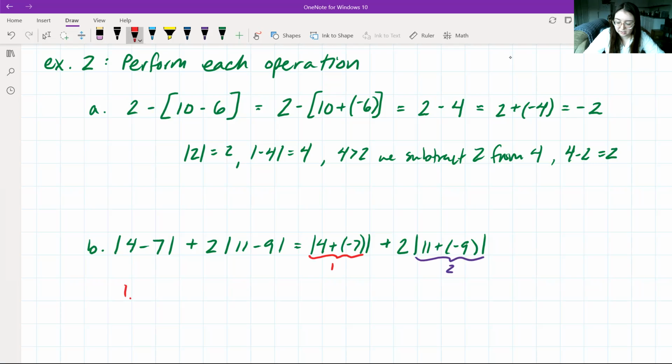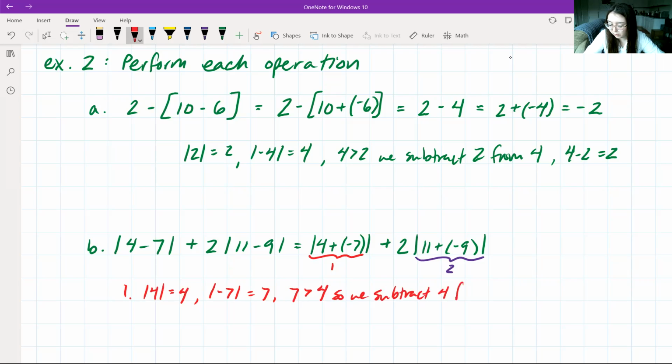So for 1, we have the absolute value of 4 is going to be 4. And the absolute value of -7 is 7. We see that 7 is greater than 4, so we subtract 4 from 7 and get 7 minus 4 is equal to 3.